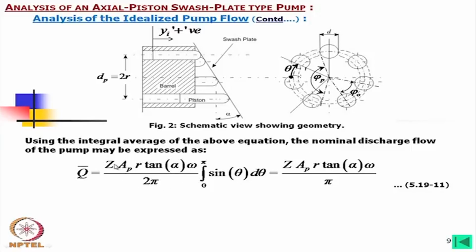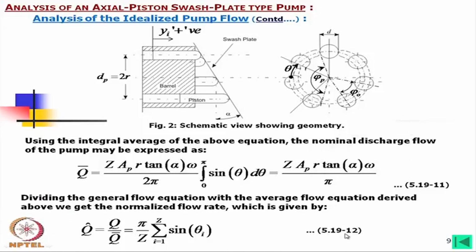So, we take this outside, and only the integration part remains inside, sin theta from 0 to pi d theta, which gives this average flow. We have integrated over half of the angle, so 0 to pi. So, this will give us the nominal average flow.